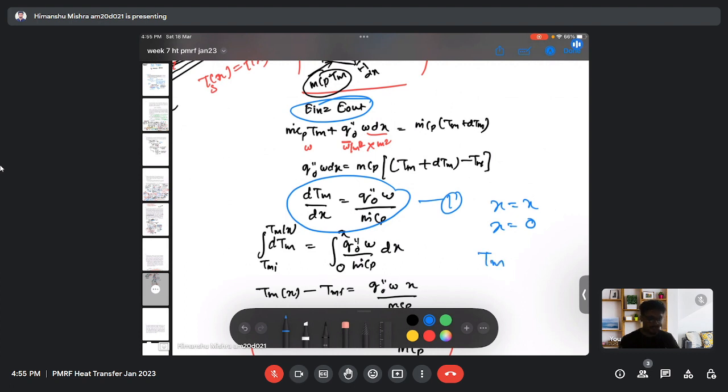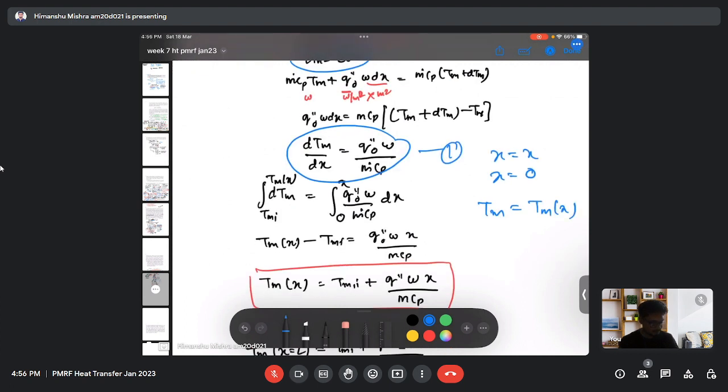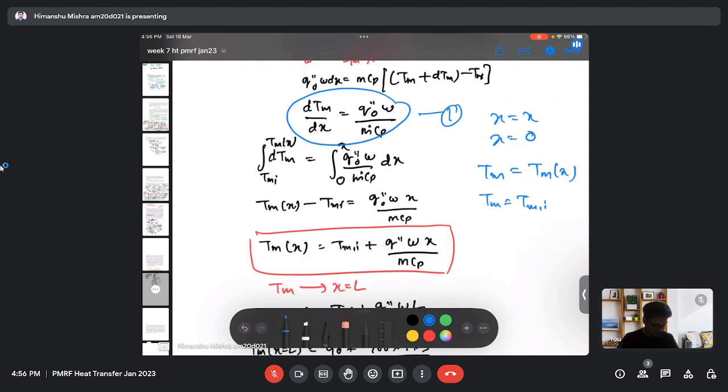For the temperature we took a limit of some mean temperature at a random distance x, and my lower limit was my entry mean temperature, which is given. After that we can define the temperature profile for the given problem in terms of x.